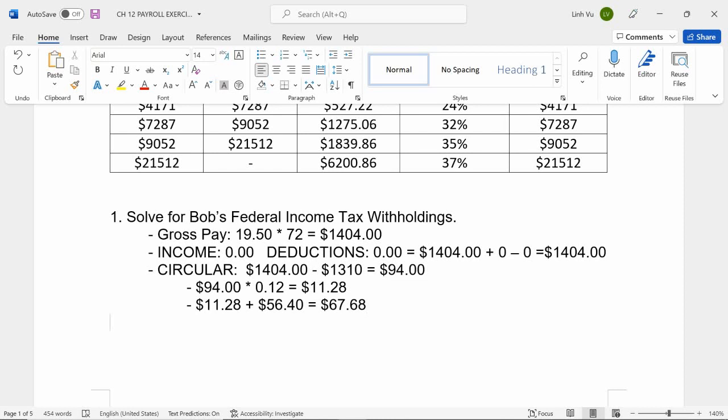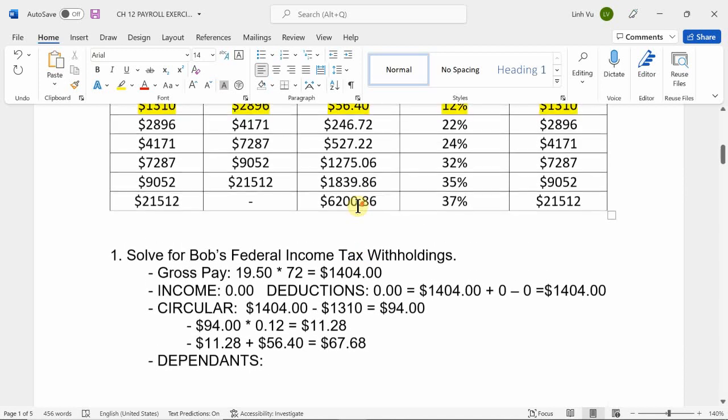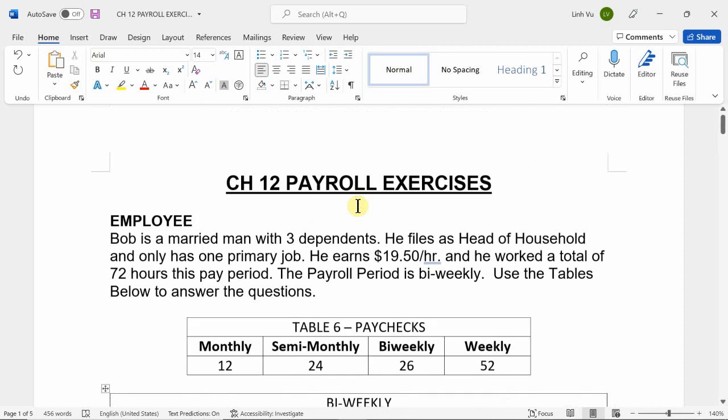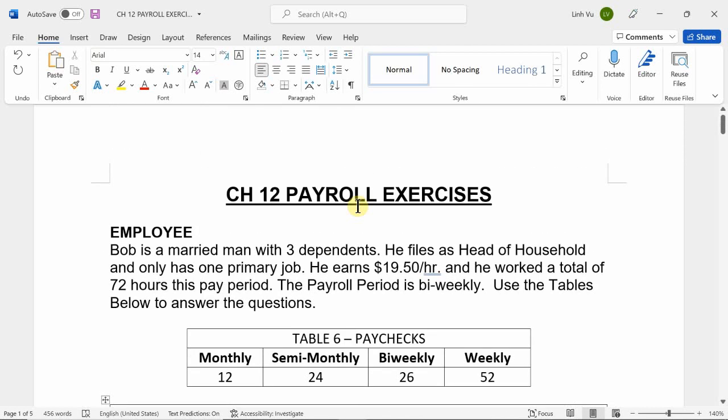We also have to take into consideration, did he claim his dependents? He said he has 3 dependents.